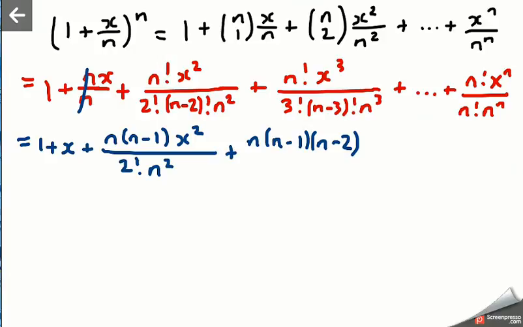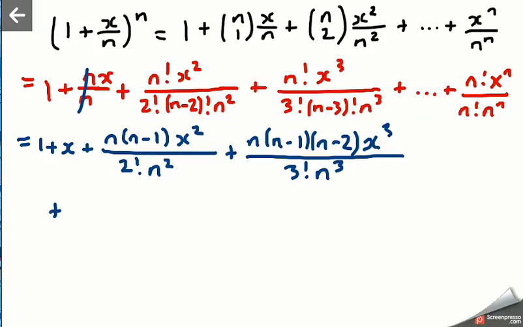So it's actually just n times (n minus 1) times (n minus 2) on top times x cubed divided by, and now we're going to leave the (n minus 3) factorial out because we canceled that away. So divided by 3 factorial times n to the power of 3. Plus, let's do one more just to kind of make it clearer what's going on.